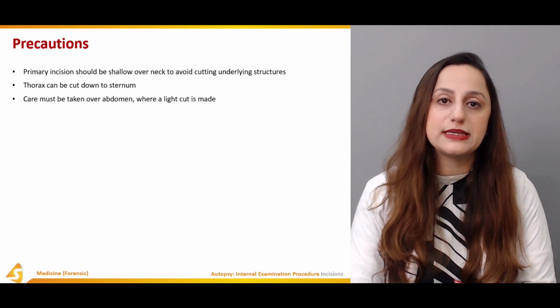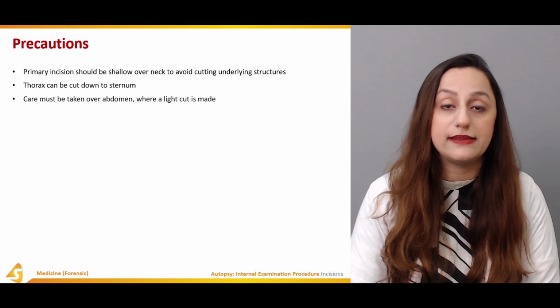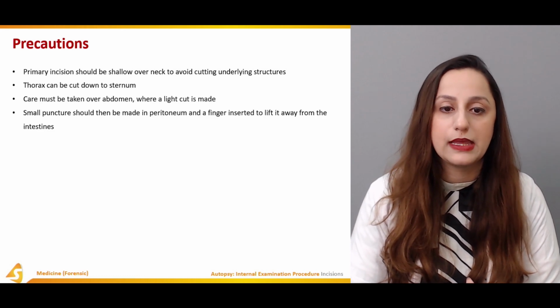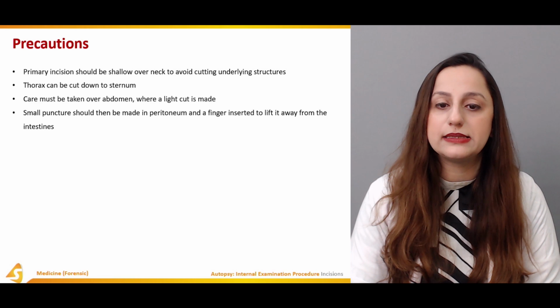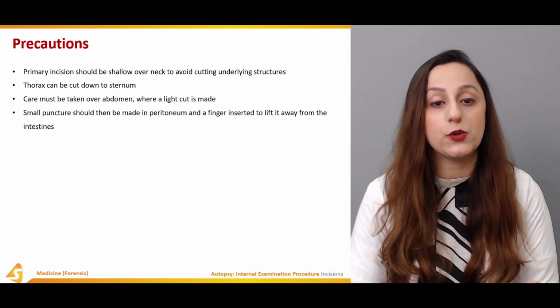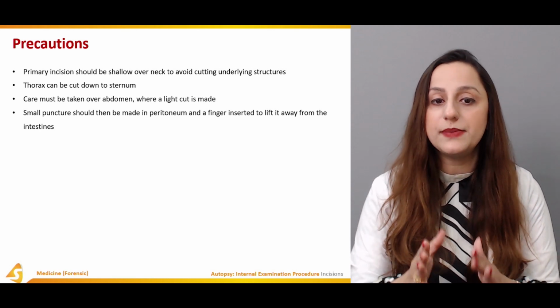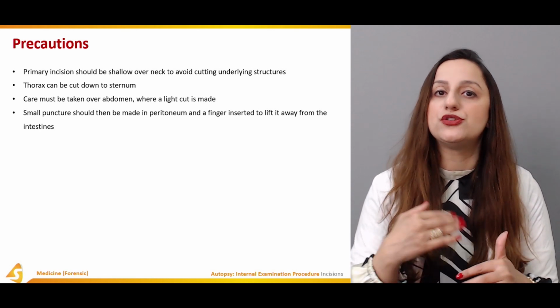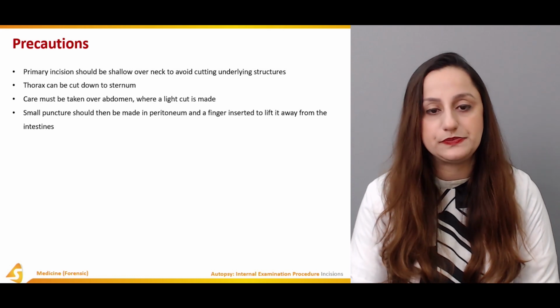We don't move on to the peritoneum and the peritoneal structures. A small puncture should be made in the peritoneum and a finger inserted to lift it away from the intestines. So these are the steps, moving from the thorax towards the abdomen.